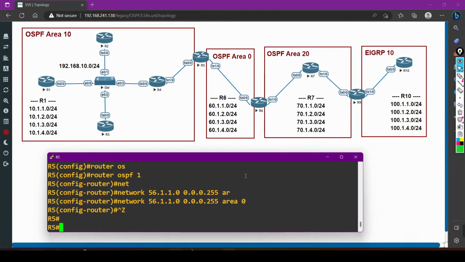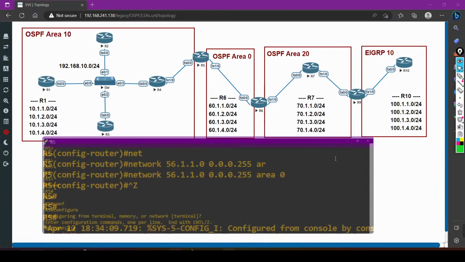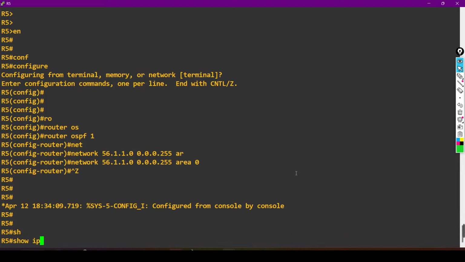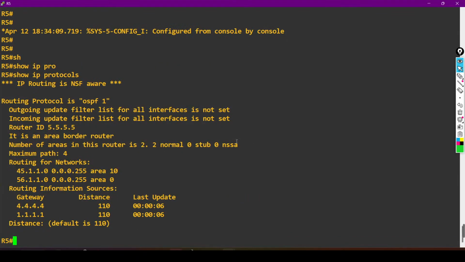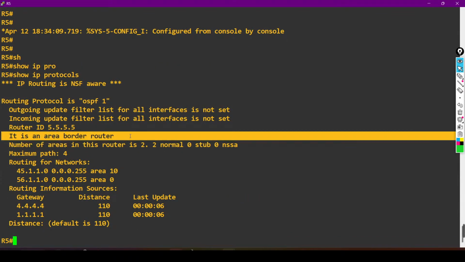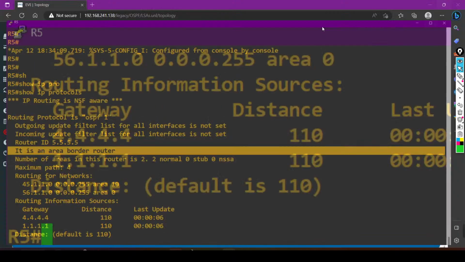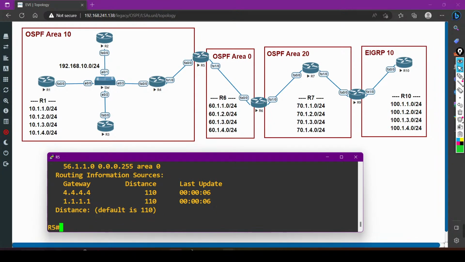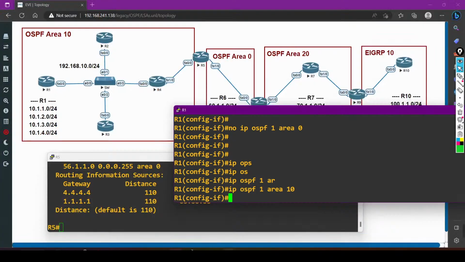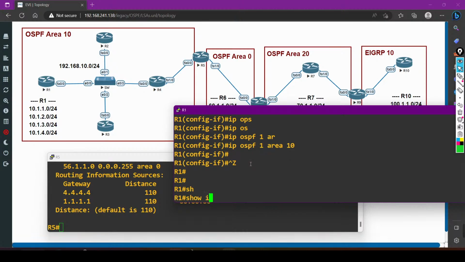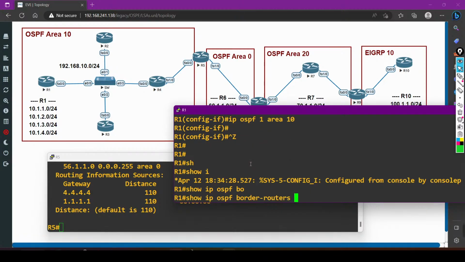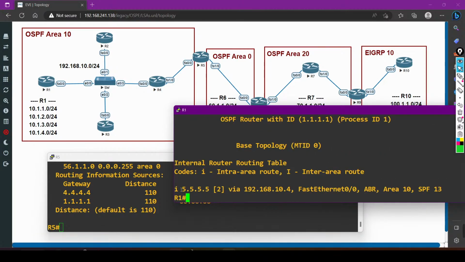How can we verify that? You can run the command show IP protocol. Are you able to see? It is an area border router. Yes or no? Yes, sir. Now router number 1 also has information about the ABR router. How can you verify? Show IP OSPF border-routers. Who is the border router? 5.5.5.5. Yes or no?